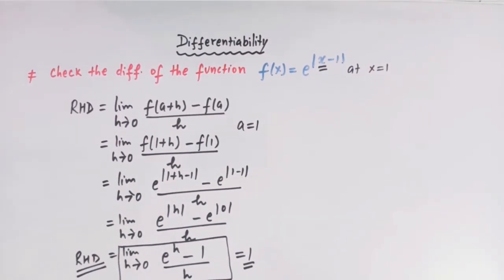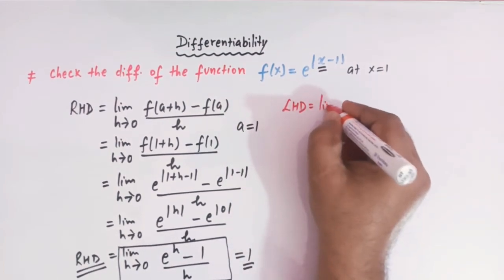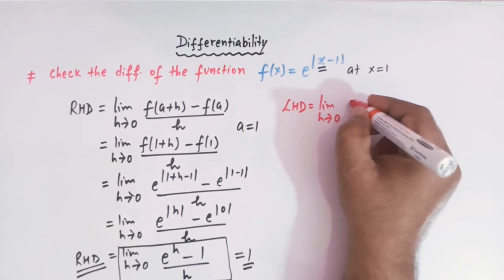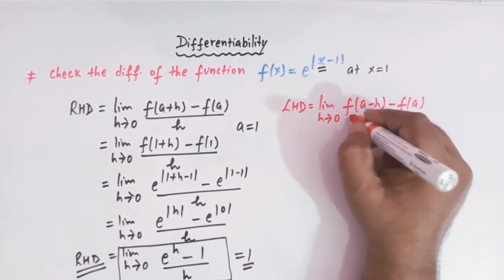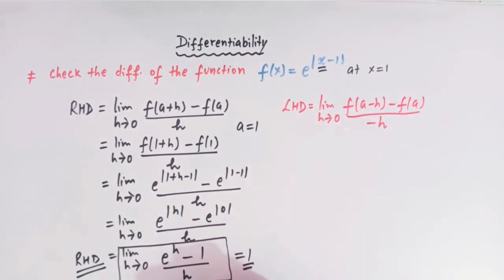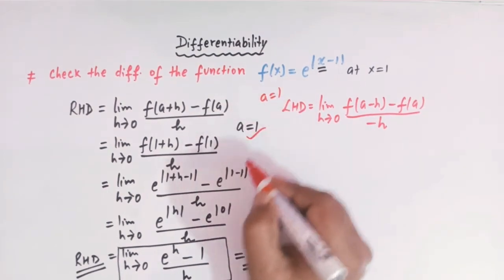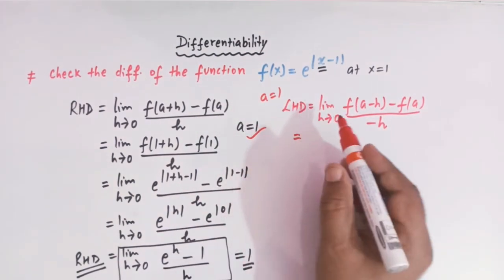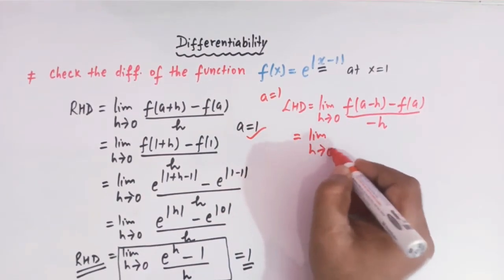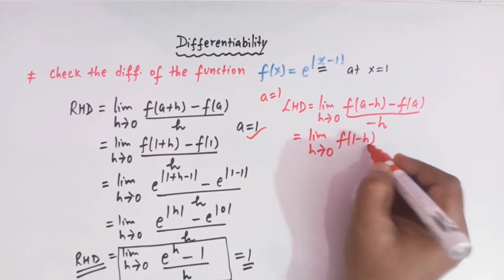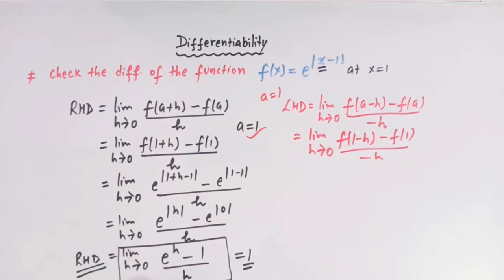So now the left hand derivative is defined by the limit h tends to 0 of f of a minus h minus f of a divided by minus h, right? And for a we have 1, right? So the left hand derivative is the limit h tends to 0 of f of 1 minus h minus f of 1 divided by minus h, right?